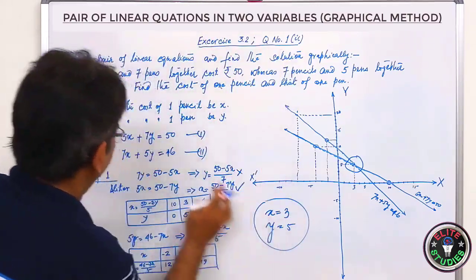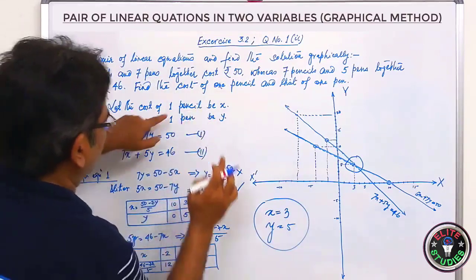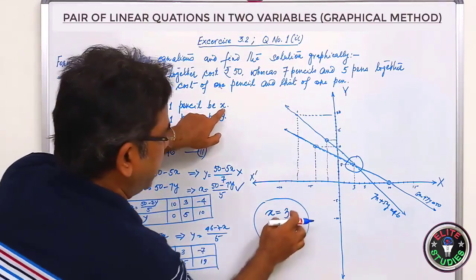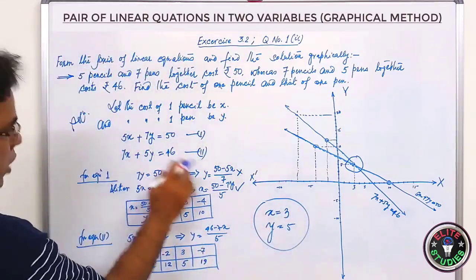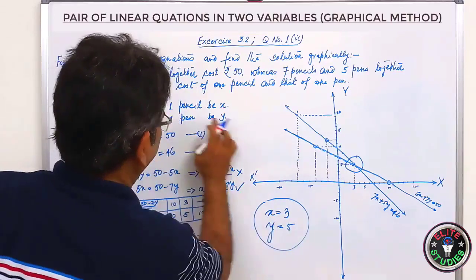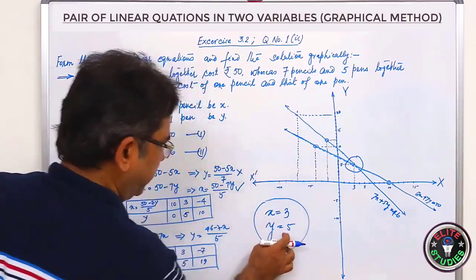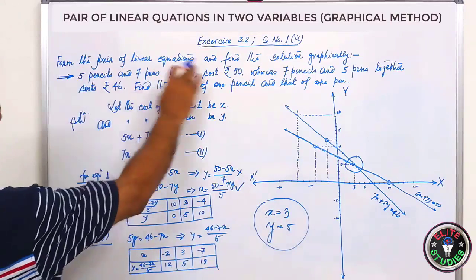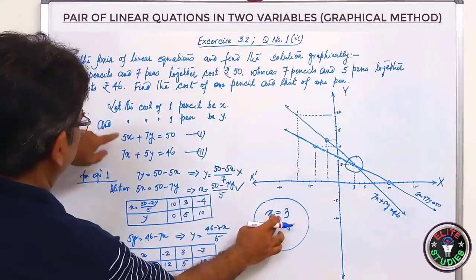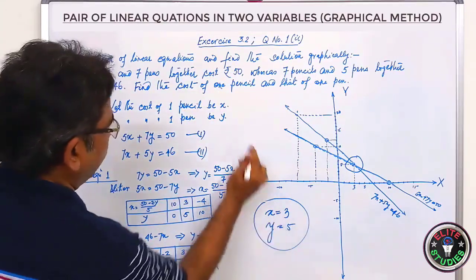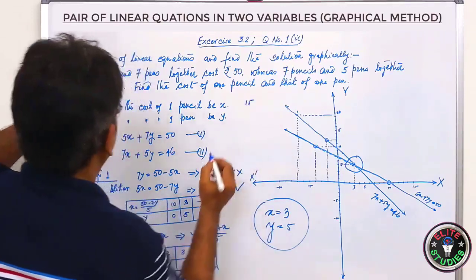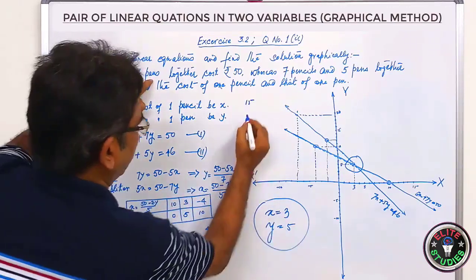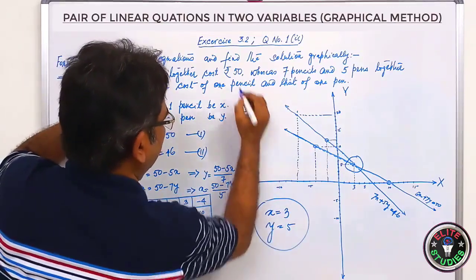What was x? x was representing the cost of one pencil. So the cost of one pencil is ₹3 and the cost of one pen is ₹5. Now if you put these values here, 5 pencils will be 15 rupees and 7 pens will be 35 rupees, so it is coming out to be 50.